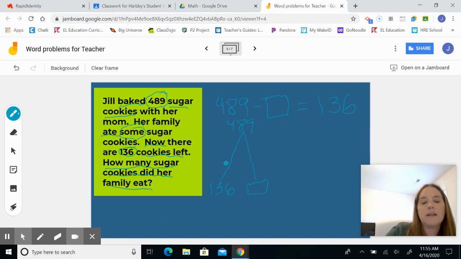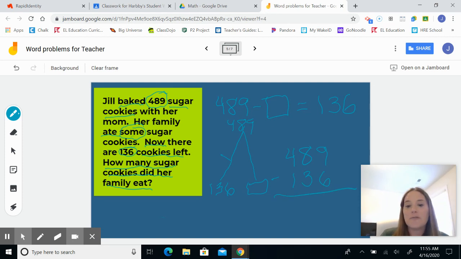Well, once again, I'm going to take the big total number and slide down the mountain and subtract one of the partners to find out the other partner. So I'm going to write my second equation to try to figure out the answer. So I'm going to do 489 minus 136.